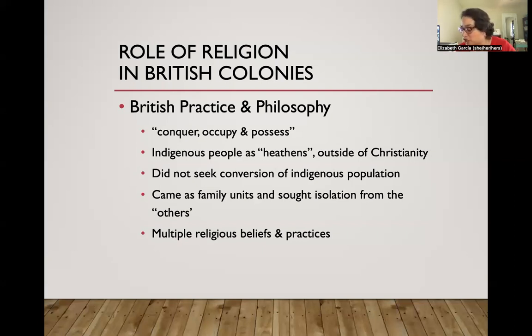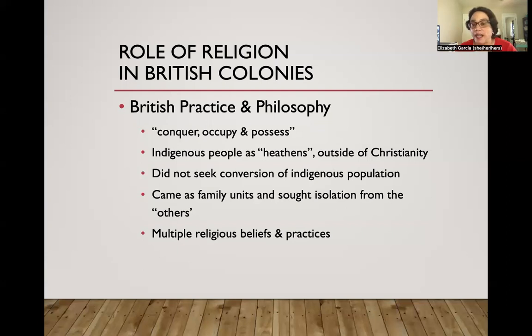So for the British, they sought to conquer, occupy, and possess the lands of the quote unquote heathens and infidels. In other words, they defined indigenous people as outside of Christianity. And so they justified their conquest because of this. If they were outside of Christianity, then they were subject to conquest.